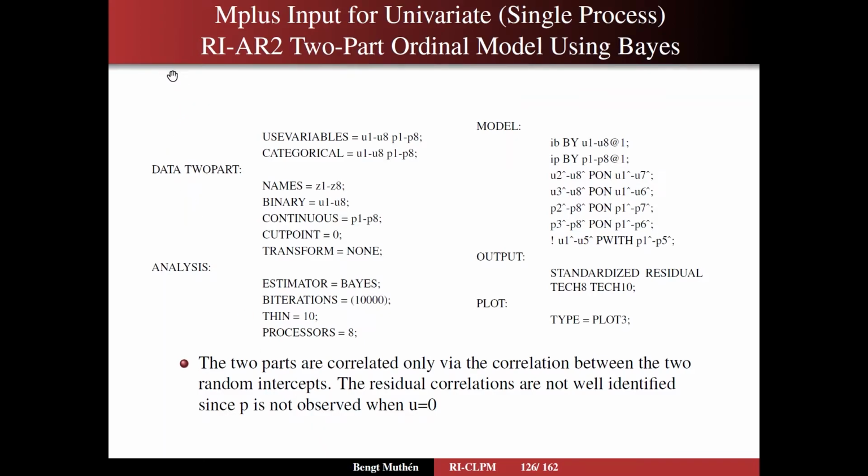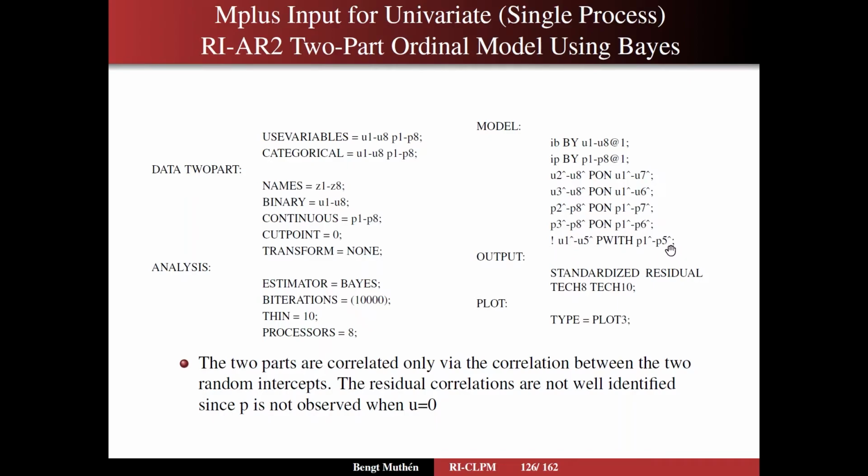Now, turning to a specific model instead of the unrestricted model, let's look at the RI-AR2 two-part ordinal model. This left part here is the same as on the previous slide, so now we're looking at the right part. We define the 2 random intercept factors, and then we do the U autocorrelations of order 1 and order 2, and then the P autocorrelations of order 1 and order 2.